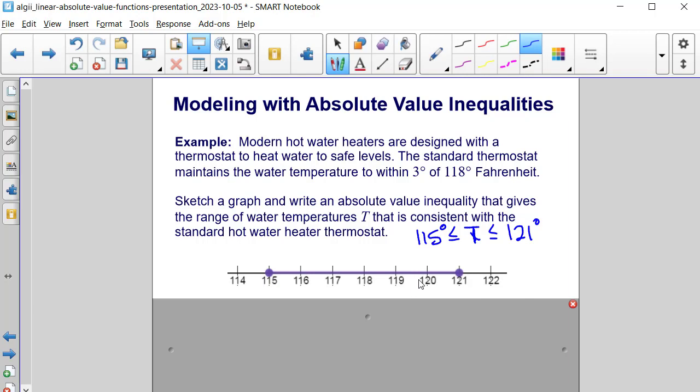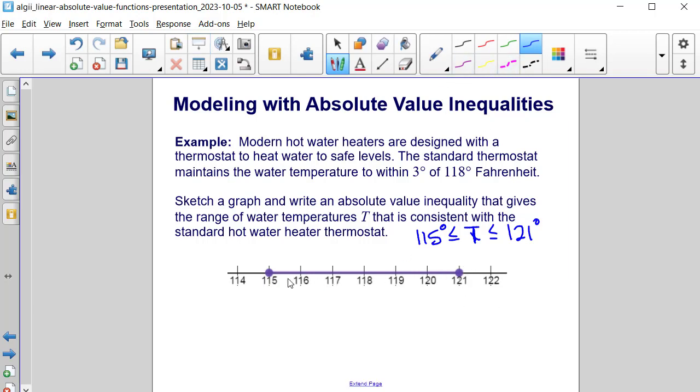Now, how do we write this as an absolute value inequality? Well, we can also tell that from 115 to 121 degrees, our middle point is 118. Oh, hey, that gives us the starting value that we had from this word problem. That's our center point. So that means we have capital T minus 118.